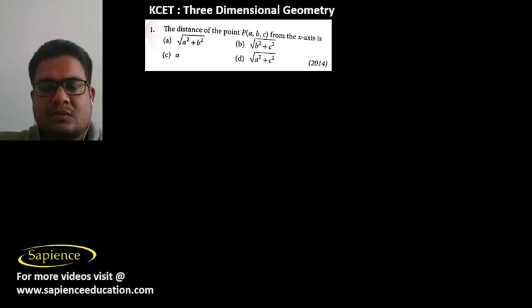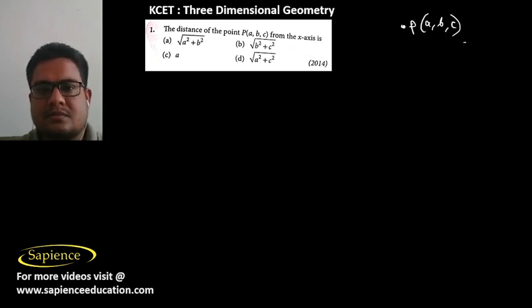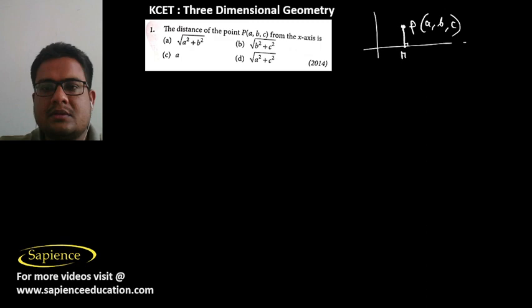In question number 1, it's told the distance of the point P (a, b, c) from the x-axis. If we draw a perpendicular on the x-axis from the point P, let's say M is the foot of that perpendicular.